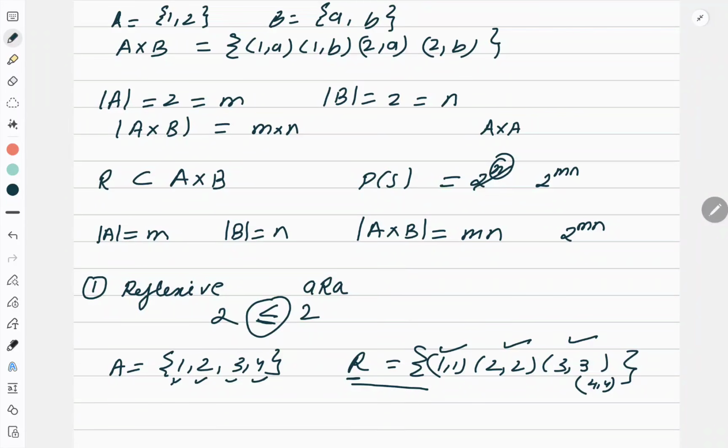Now, another point here is what is irreflexive, or what is not reflexive. These are two different terms, so let us talk about that.